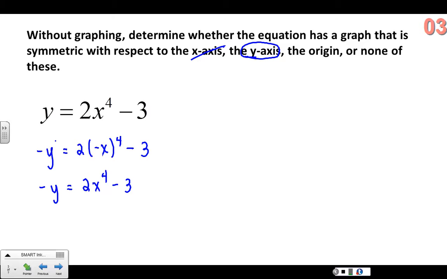Your equation is different than your original. So it doesn't have symmetry with respect to the origin. So in this problem, we would say that the graph of y equals 2x to the fourth minus 3 has symmetry with respect to the y-axis only.